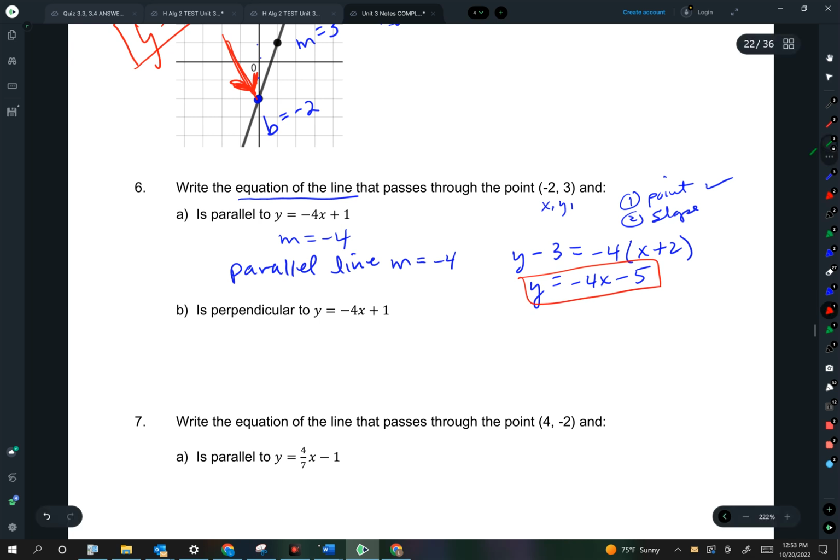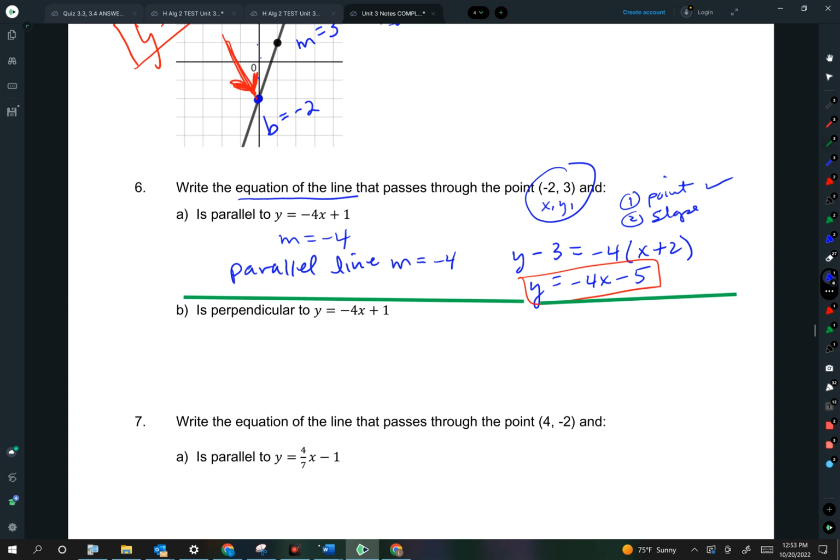So letter B is a whole different question. Now they're saying I want an equation of a line. The way it's worded, I want the equation of a line. I still want it to go through that point. So that's still my x1, y1. But this time I don't want parallel, I want perpendicular. Like we said, this line has a slope of negative 4.